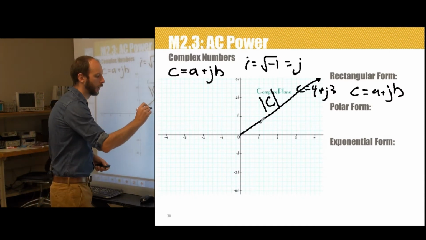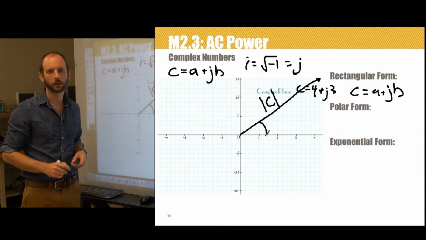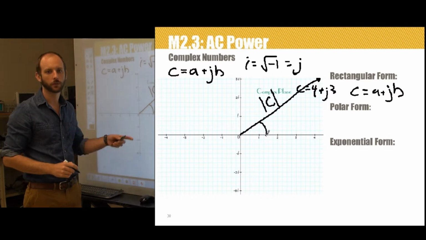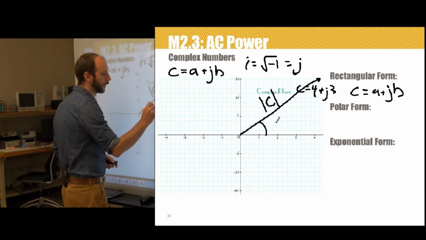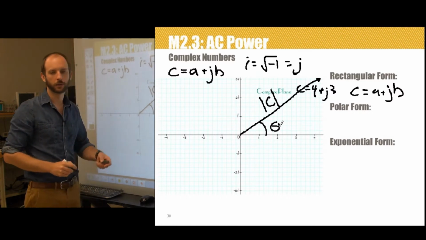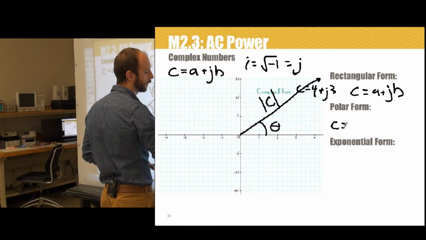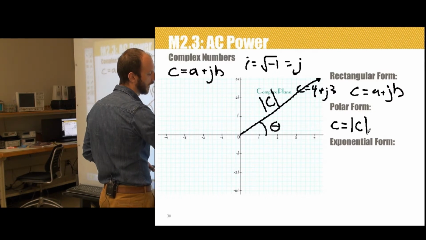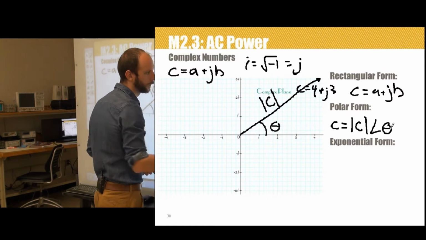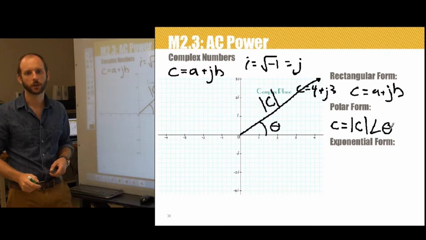And then there's an angle, formed between the arrow and the real axis, which we typically denote as theta. In polar form, therefore, we can write that same complex number as C equals the magnitude of C at an angle theta. And so there's the equivalent C.